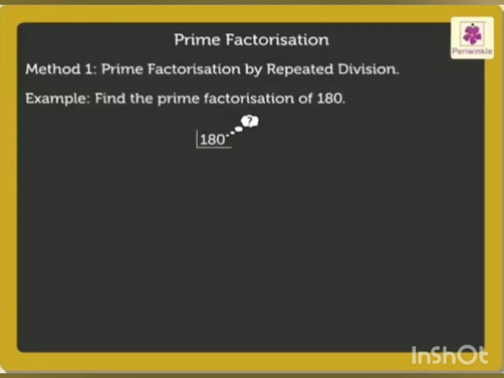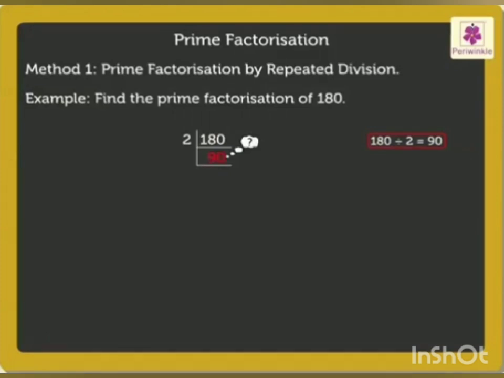As the number 180 is an even number, it is divisible by 2. We write 2 to the left of 180 and dividing it by 2, we get 90, which we write below the dividend 180. Now we have to divide the quotient 90 with the smallest prime number.